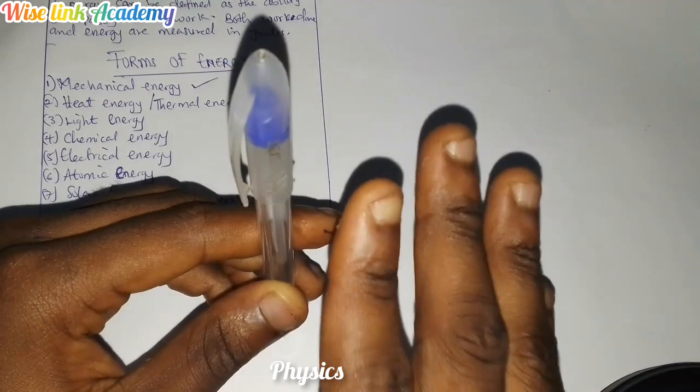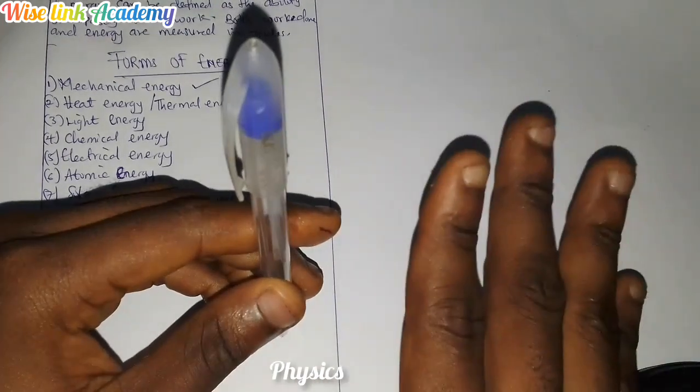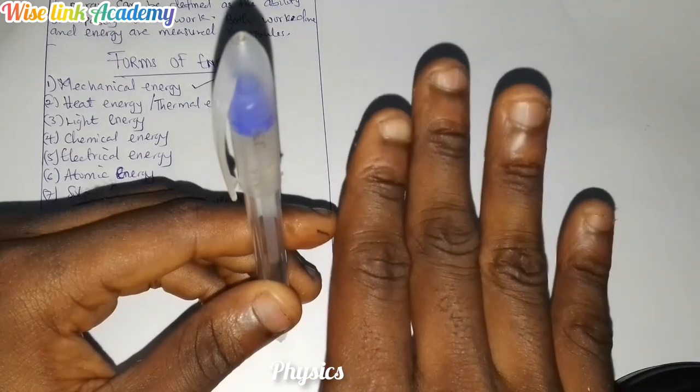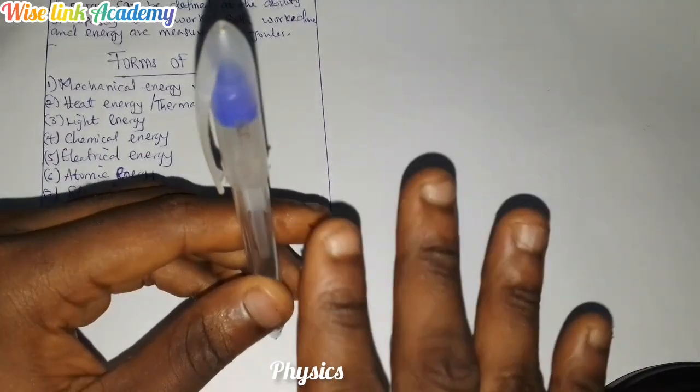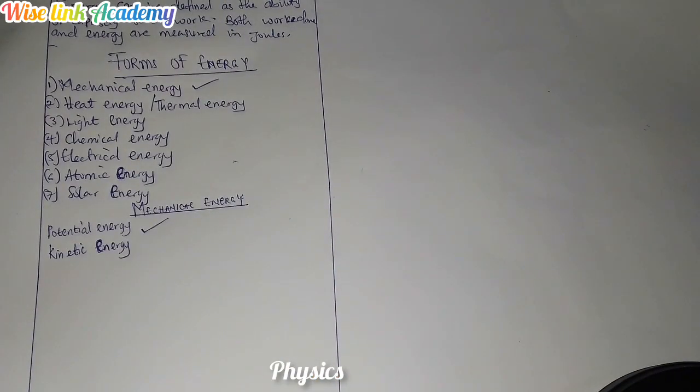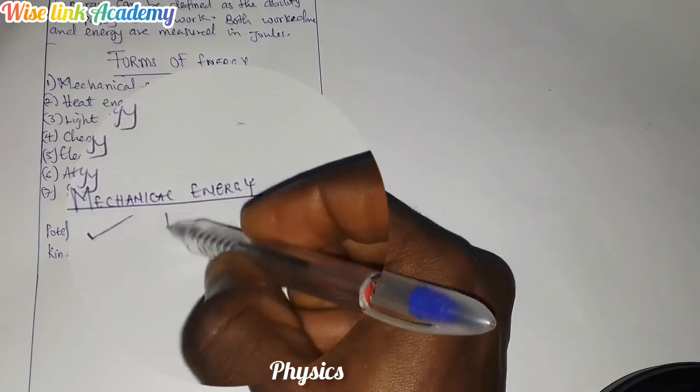That pen has easily performed an energy, but in what state? In a position state, in a potential state. That is, the body is not moving, but it performs energy. Such kind of energy is called potential energy, and potential energy is noted as PE.